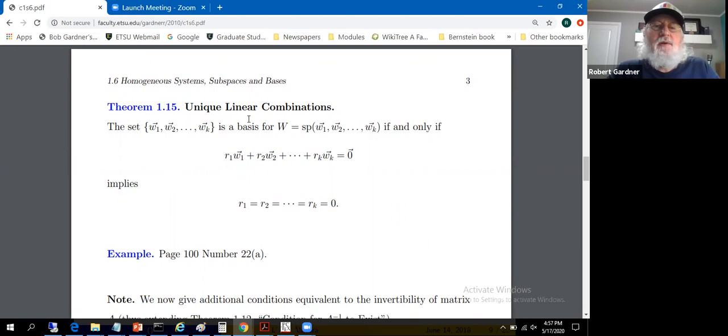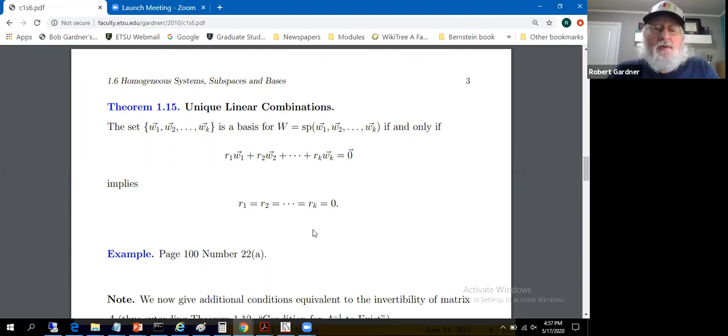Theorem 1.15, a unique linear combination, says a set of vectors W1 through W sub k is a basis for its span if and only if a linear combination of those vectors, set equal to the 0 vector, implies that those scalar coefficients must all be 0. Hey, that was what the definition of linear independence was, in fact.